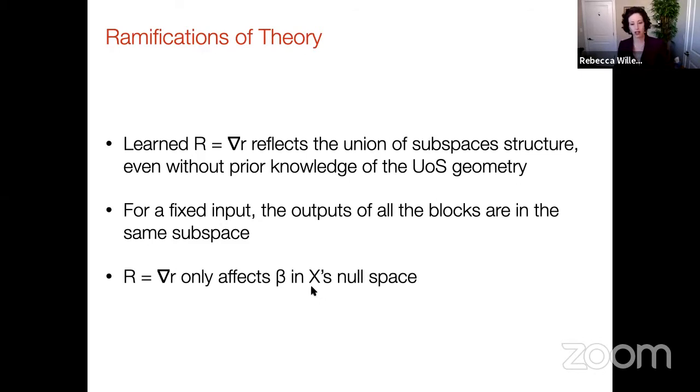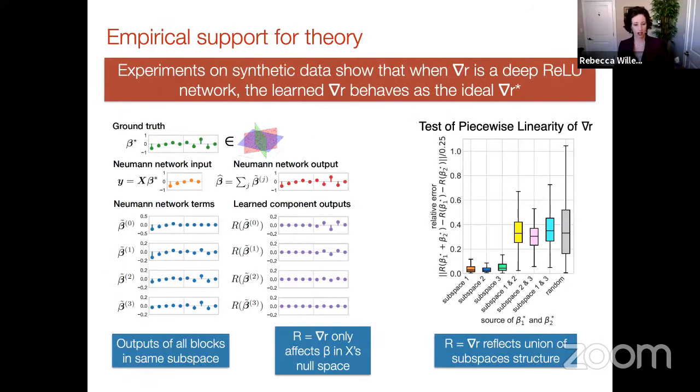And this is something that we can empirically verify in some toy settings. In particular, we generated some small scale data that belonged to a union of subspaces. And we modeled a setting where our observations corresponded to only measuring the first 5 samples, with the second 5 samples being missing. Then, as we trained a Neumann network, we looked at the outputs of all the individual blocks within the network, and we empirically verified that all the blocks lie in the same subspace.